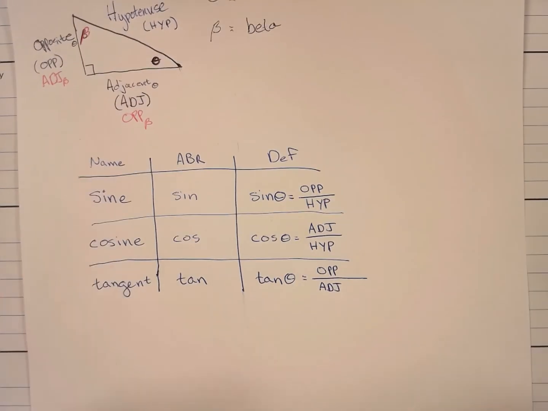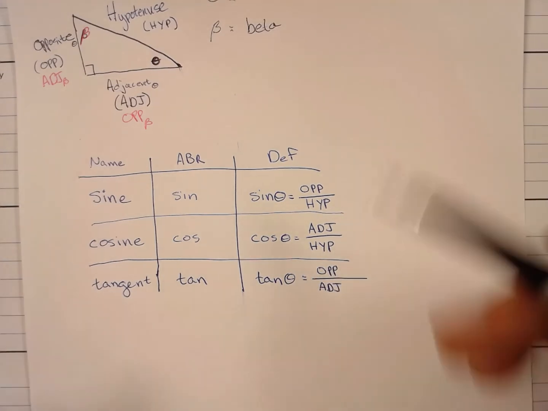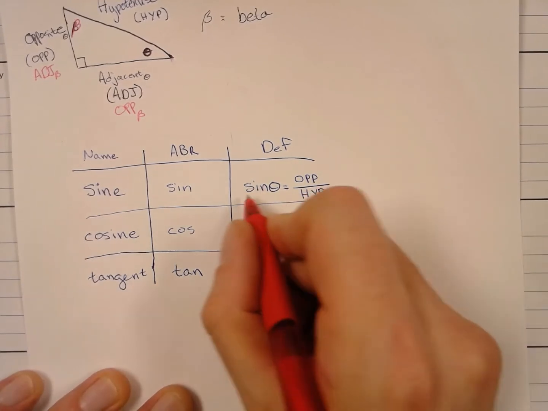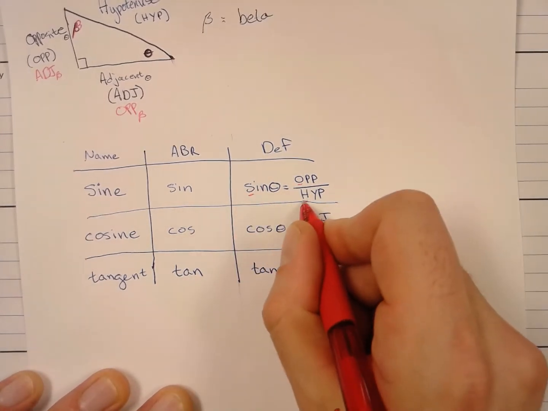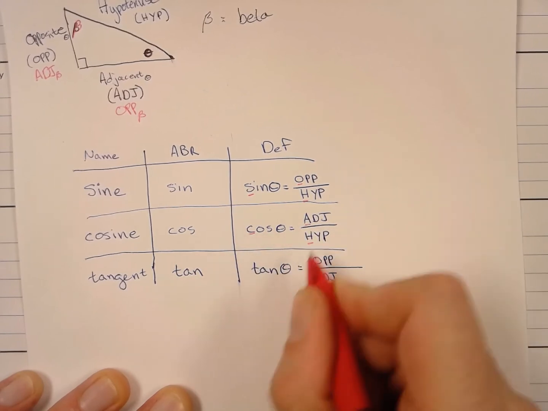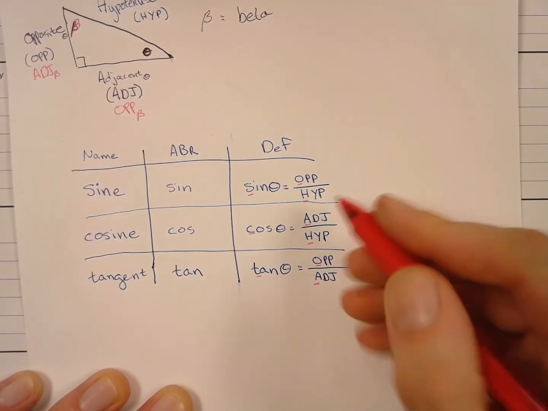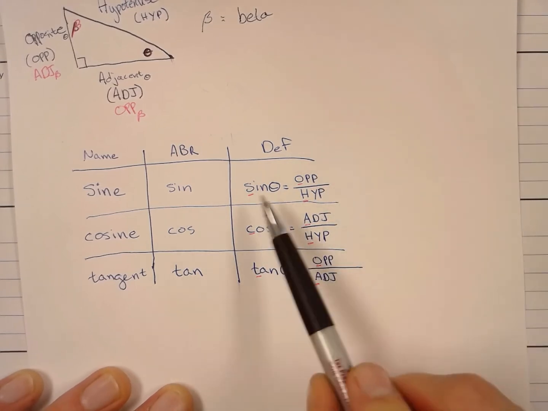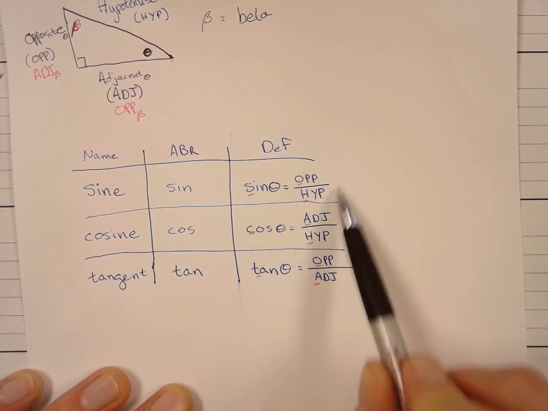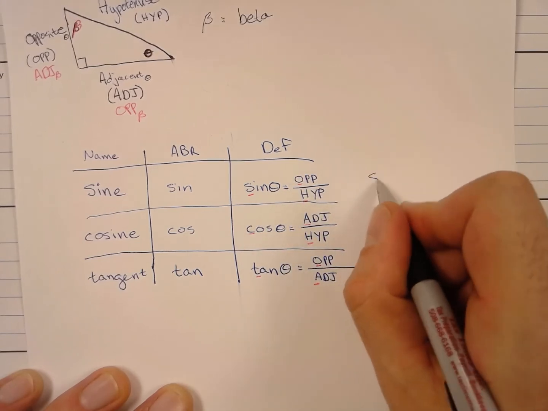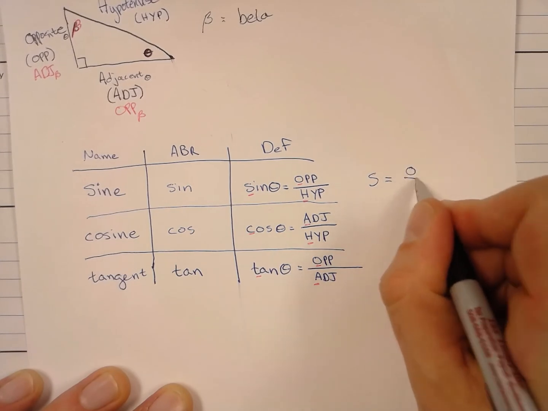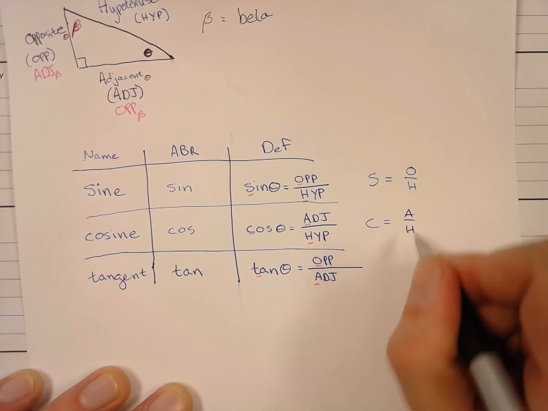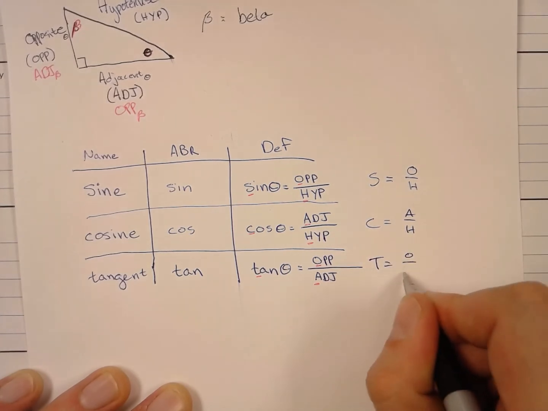Now, I am always going to provide these formulas on any test or quiz, but there's a neat little acronym that is sometimes used to help remember these 3 definitions. If you take a look at the first letter of the trigonometry function and then the first letters of the side lengths in the definition of the acute angle: sine is equal to opposite over hypotenuse, cosine is equal to adjacent over hypotenuse, tangent is equal to opposite over adjacent.